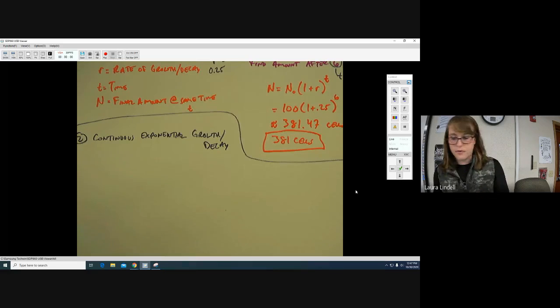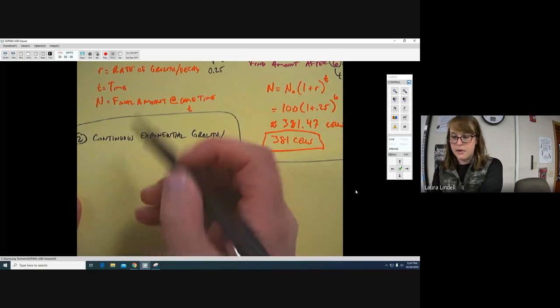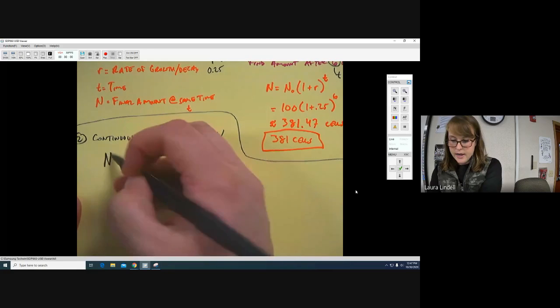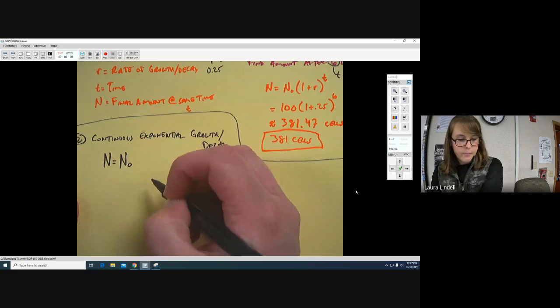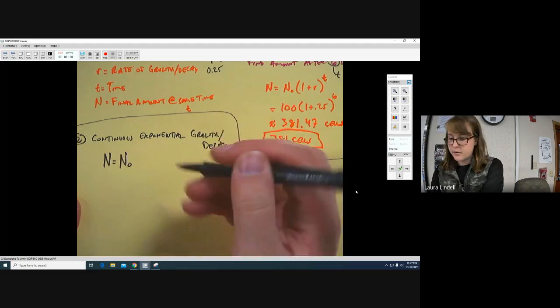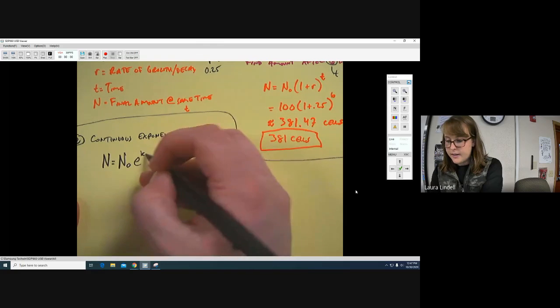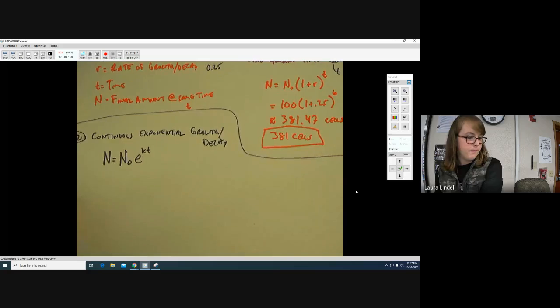So continuous growth and decay comes with its own equation. It's very similar to the one above. It goes N equals, we still have N and N naught, but instead of 1 plus the rate to the t, it's going to be e to the kt, the number e.